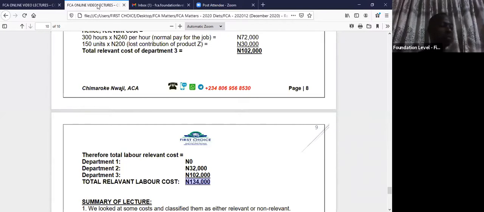If you add them together, it gives you 2,320,000. Now that is the minimum price you can price for the contract. You cannot price below that. That is one of the reasons for doing relevant cost, to know the least price you can price your contracts.